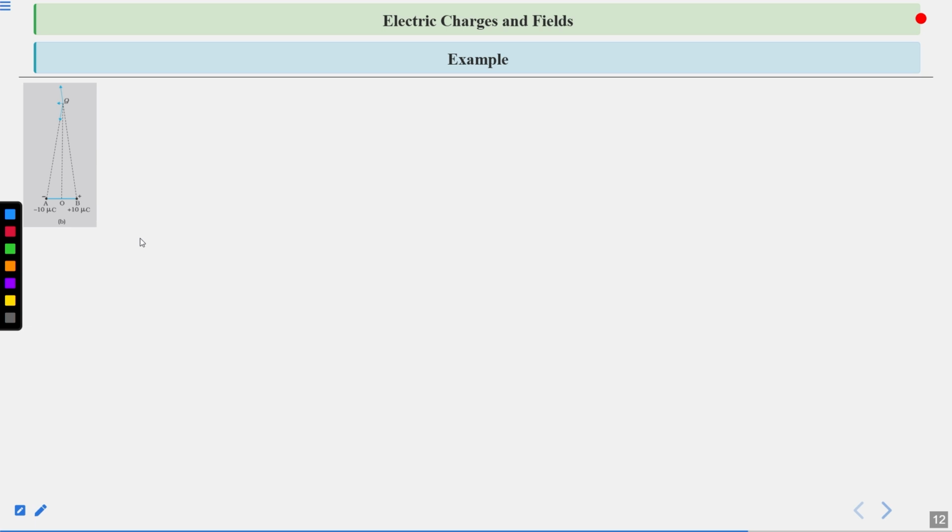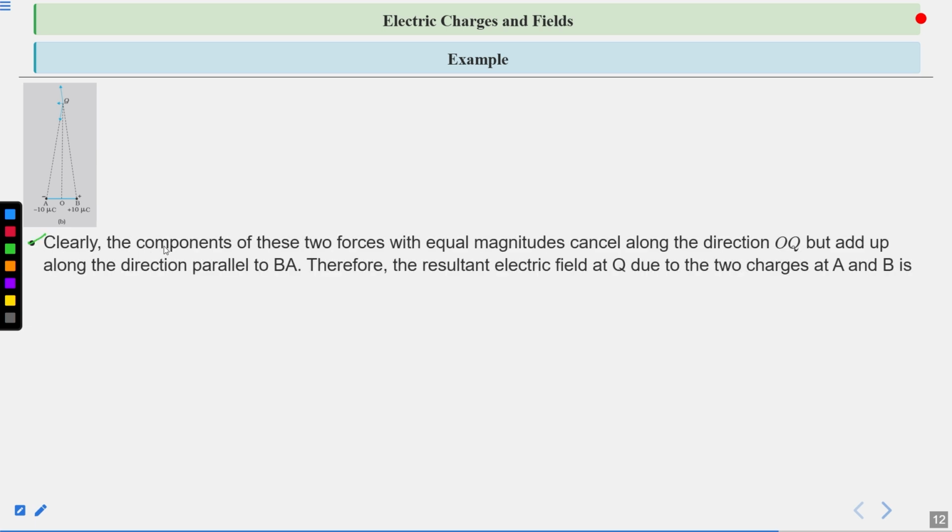So clearly, the components of these two fields with equal magnitudes cancel along the direction OQ, but add up along the direction parallel to BA.